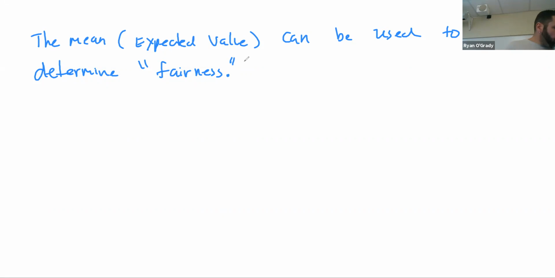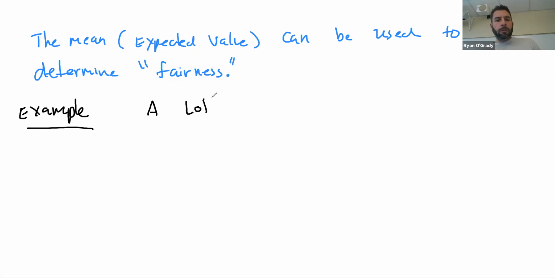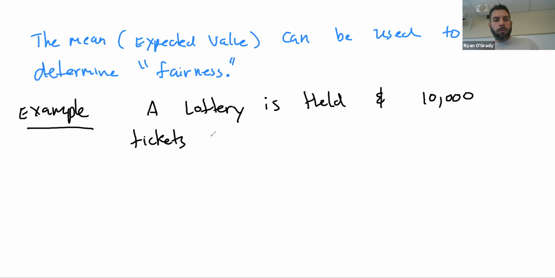So let's look at an example. A lottery is held, and let's say 10,000 tickets are sold. And let's say each ticket is sold for $2 apiece.